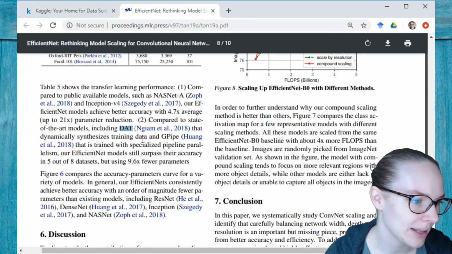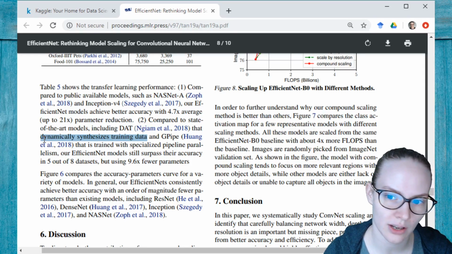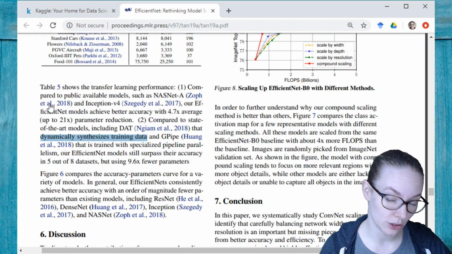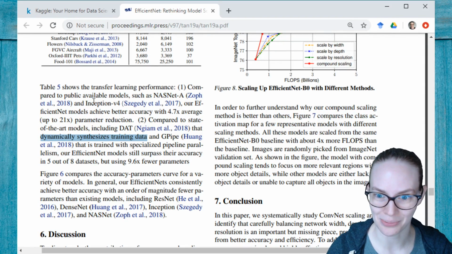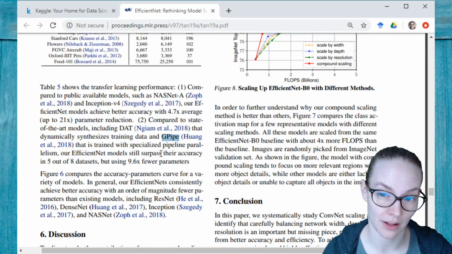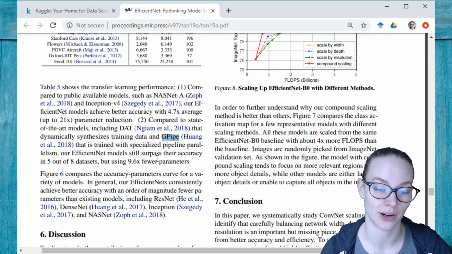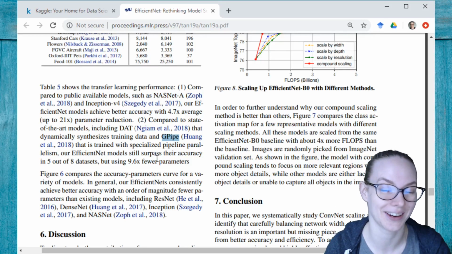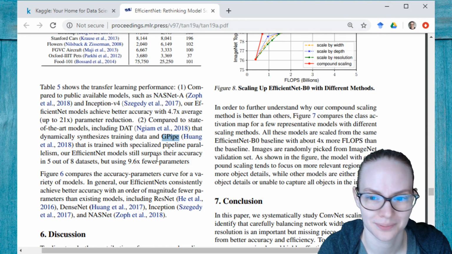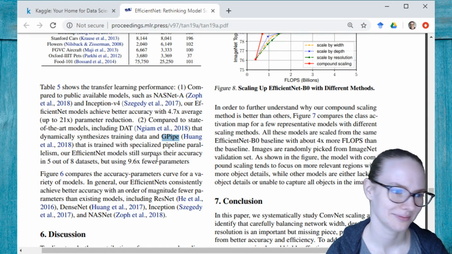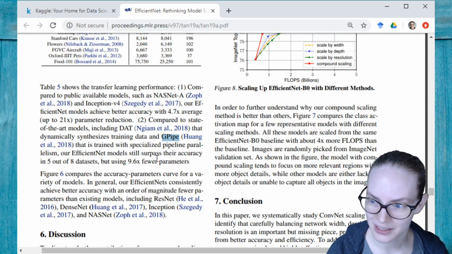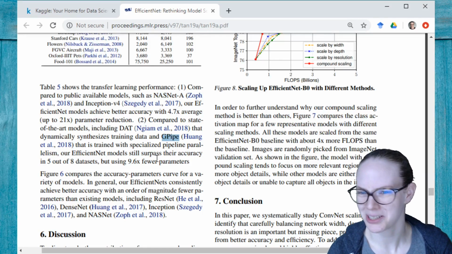DAT dynamically synthesizes training data, so it looks like they're doing dataset augmentation through synthesis during training. That's wild, that sounds cool. And GPipe is the model that they had to develop a new parallelization architecture for in order to fit it across multiple processing units, I guess.